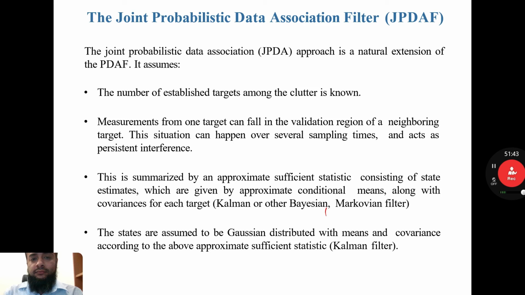Using the validation gate, we select a subset of the measurements of the sensor, and then we assign those selected measurements to the tracks, and then finally calculate the association probabilities, and then apply the Kalman filter for the track output.